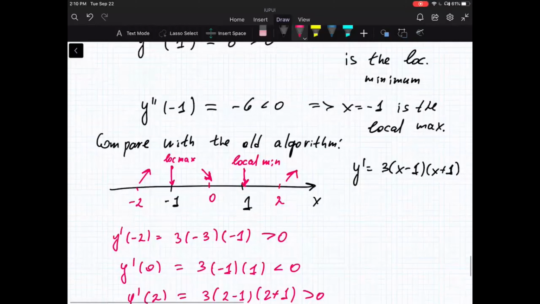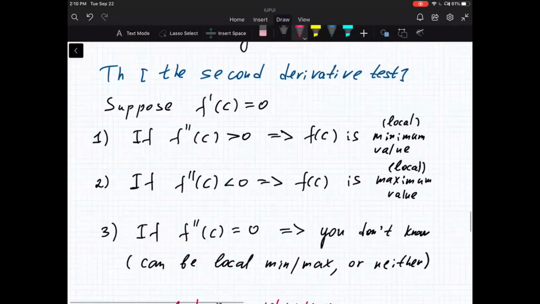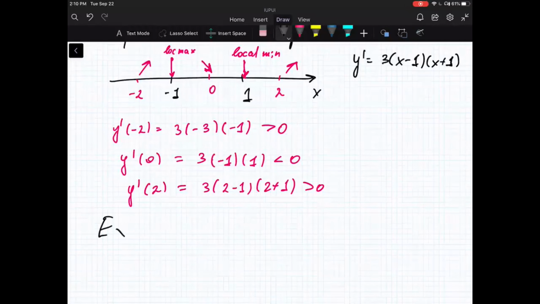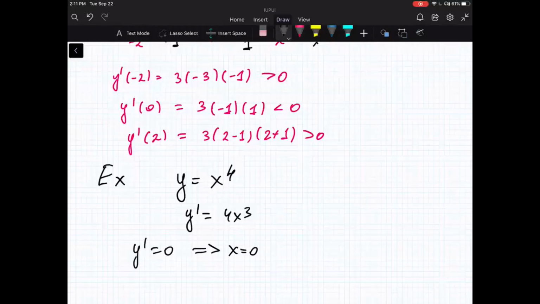But instead of doing this, I could just calculate the second derivative. Again, let me repeat that you still need this algorithm, because sometimes you have a third case, when the second derivative is 0. This is exactly the case when y equals x to the power 4. The first derivative gives you 4x cubed, and y prime equals 0 gives you x equals 0.